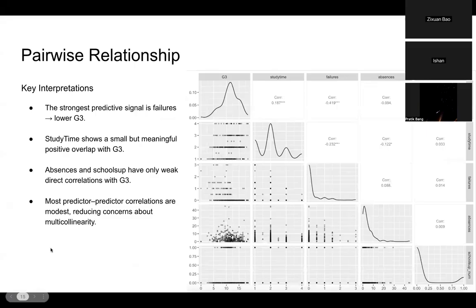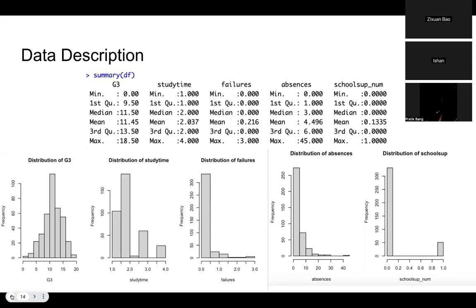Failures and absences are both highly skewed. Most students have no failures and relatively few absences, but a small number of students show much higher values. School support is also imbalanced, with only a small portion of students receiving extra help. These patterns give us a good initial understanding of the overall structure of the data before moving on to the deeper analysis.